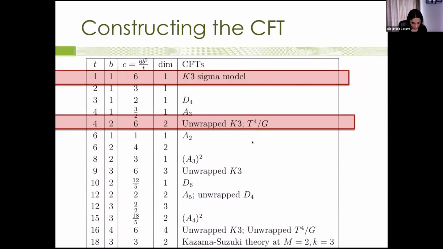And so this is our beloved D1-D5 system. This one over here is basically an unwrapping of K3, which, okay, is not super interesting. But these other examples here are orbifolds of T4 that break supersymmetry. So it breaks the (4,4) symmetry that this case had to (2,2).